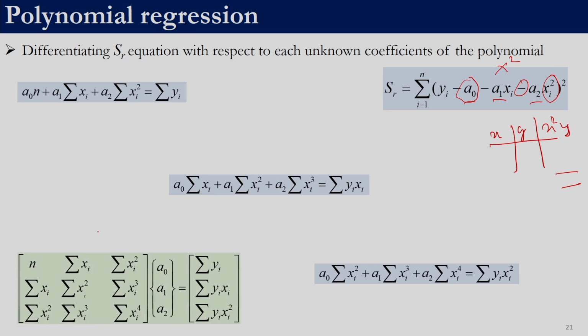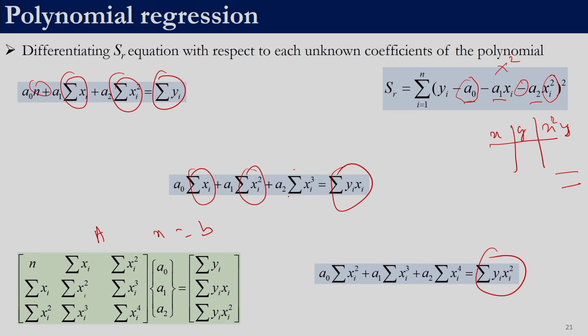Again they can be put into the conventional Ax equal to b form. These 3 things are completely known, so that will form our b vector, and this n, sigma xi square and all these terms are known, so they would come in the coefficient matrix. If we know how to solve this, then given data points we can find out A naught, A1, A2.